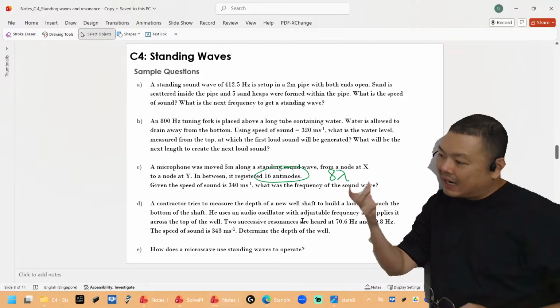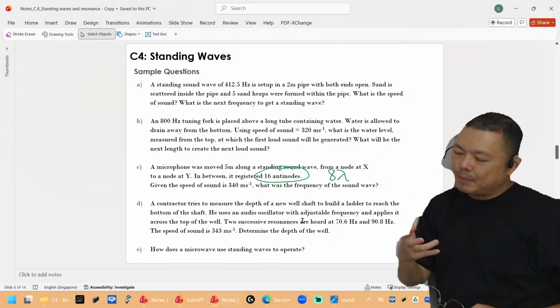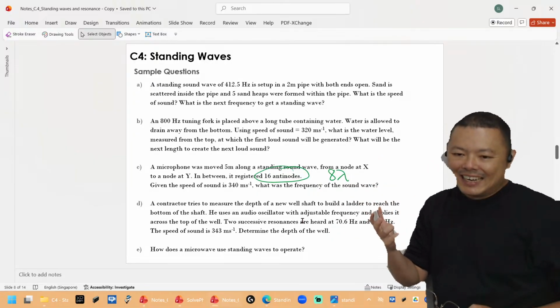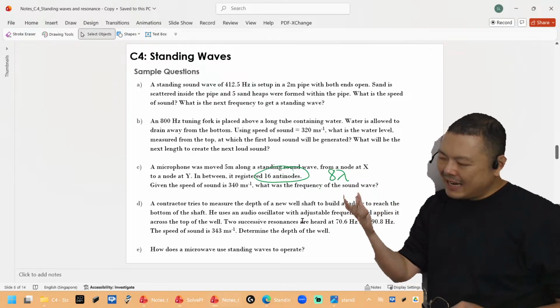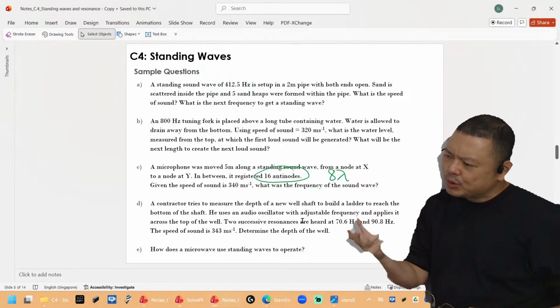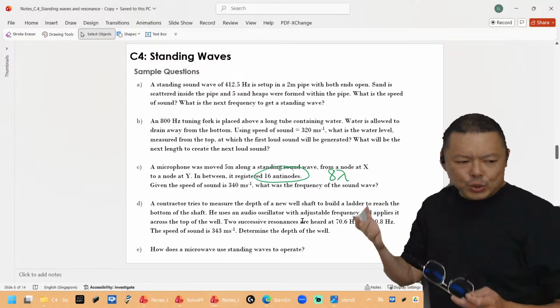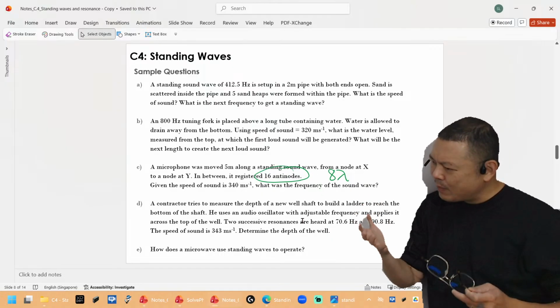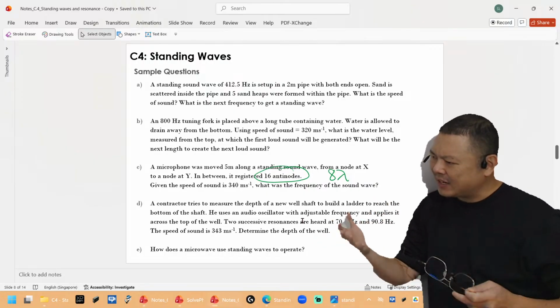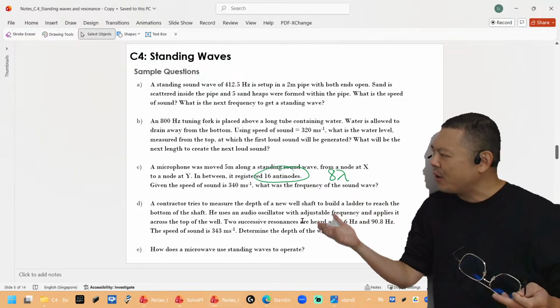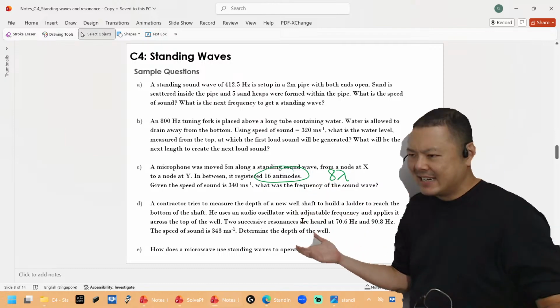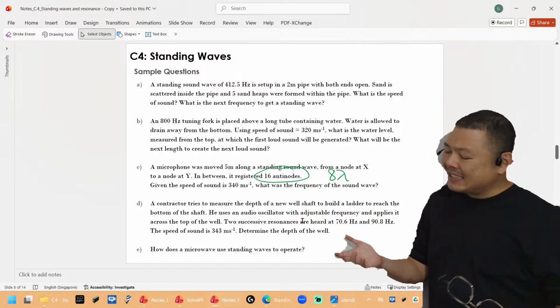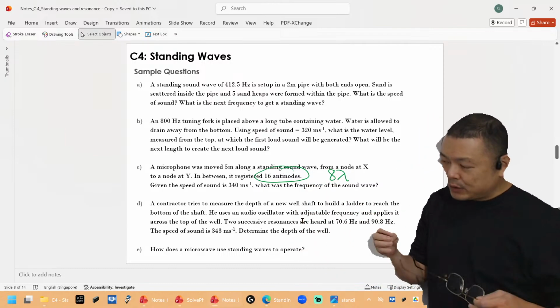There have been people asking some questions already, though that's actually only Julian so far. But he's starting to do some of the questions. I don't know how else to emphasize this to you guys. You have to do some work outside of class. You cannot just attend the class and say, as long as I listen, that's enough. That never ever works. So you have to do the questions.